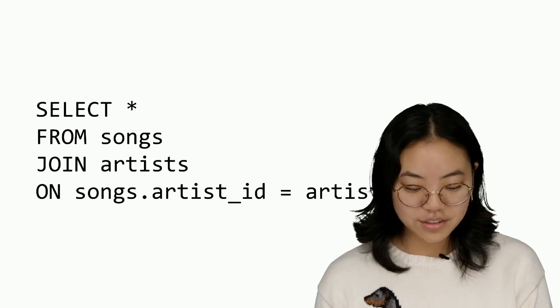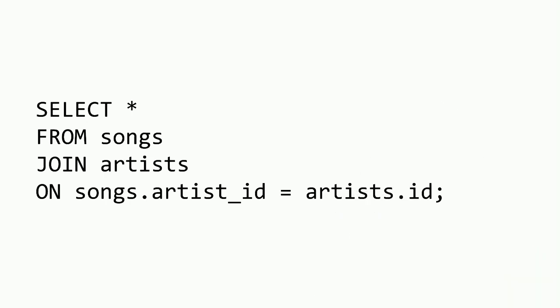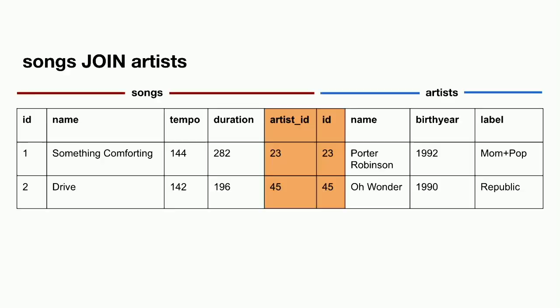So what does this actually look like in SQL? We would write a statement a bit like this, where we have select star, so all of the columns from songs, and then that songs table, we want to join it with the artists table. And then this on keyword tells us which IDs across these two tables we are joining on, which of them are the same.